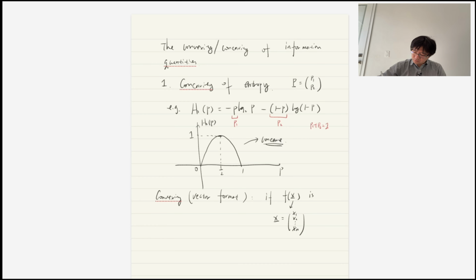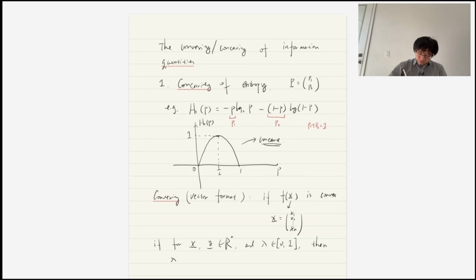We say this function is convex if for any two vectors x and y in R^n, and a number lambda between 0 and 1, the inequality that we have seen before holds.